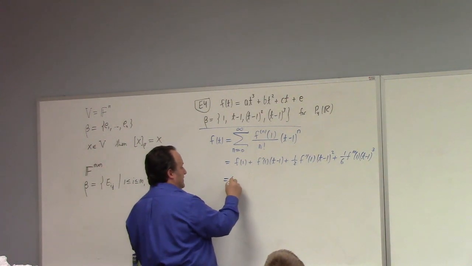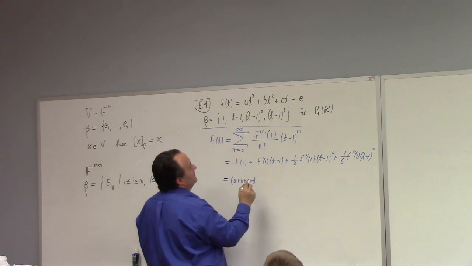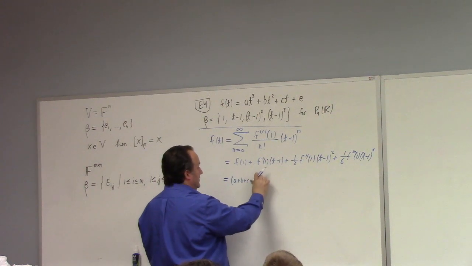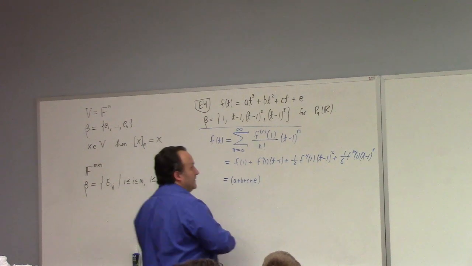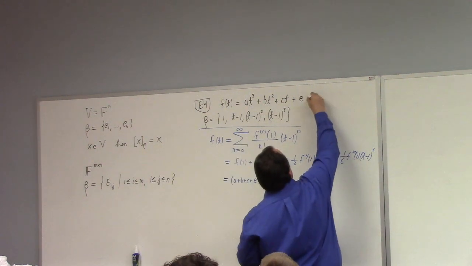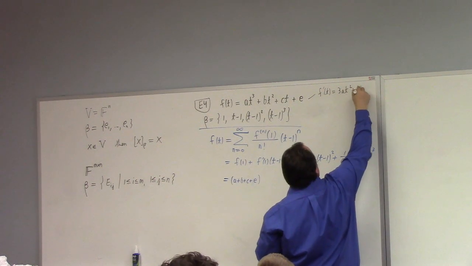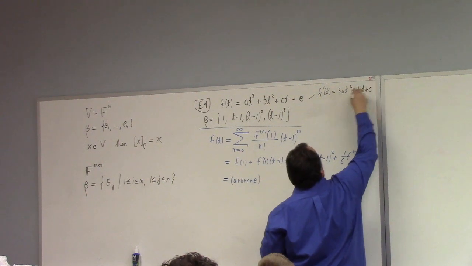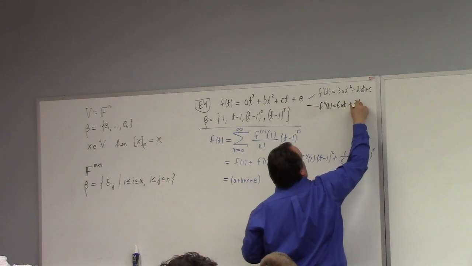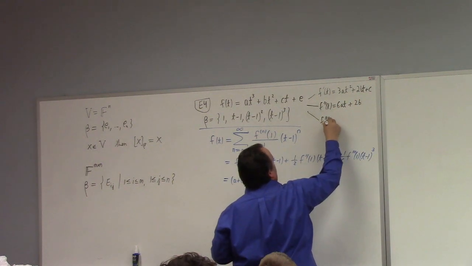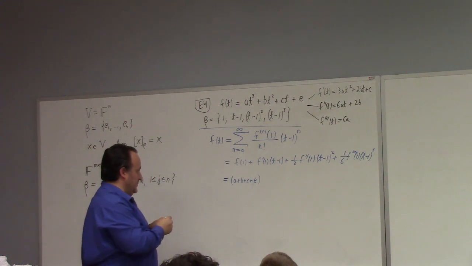So f(1) is a plus b plus c plus d. Oh, my bad. I used e, didn't I? Weirdo. Me, not you. What's f prime? Okay, f double prime is 6at plus 2b. F triple prime is 6a.